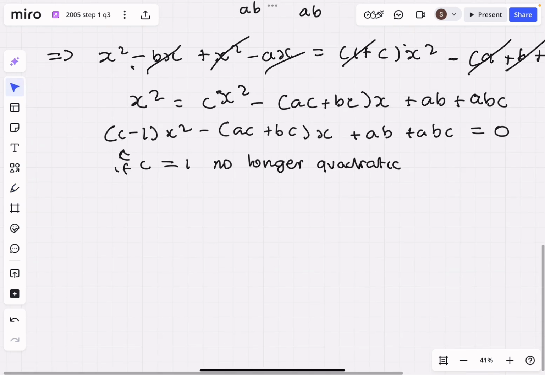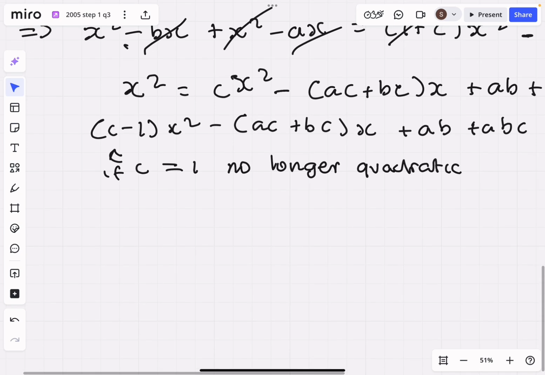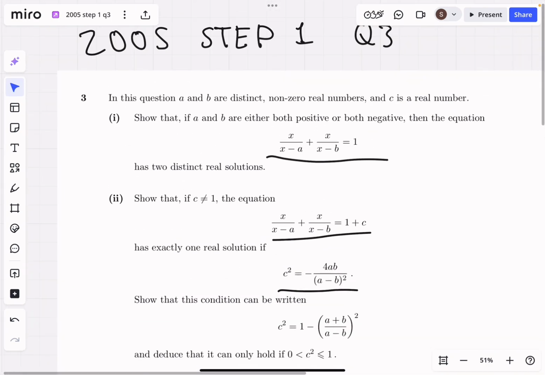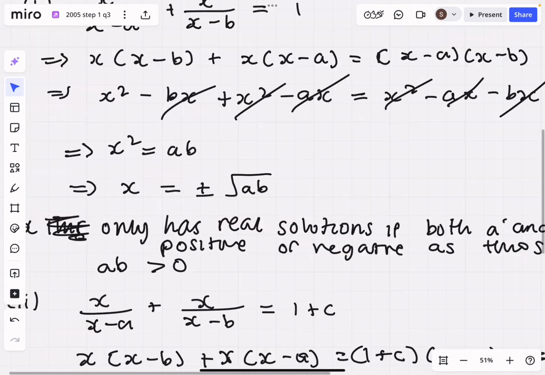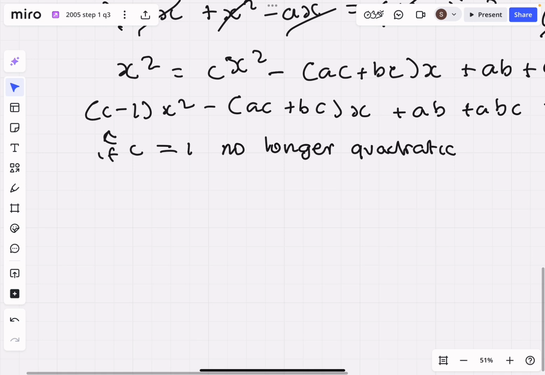So now we have this in the form of a quadratic that equals 0. Let's take the discriminant, because we're trying to show that this condition means it only has one real solution. If it only has one real solution, that means there's a repeated solution.